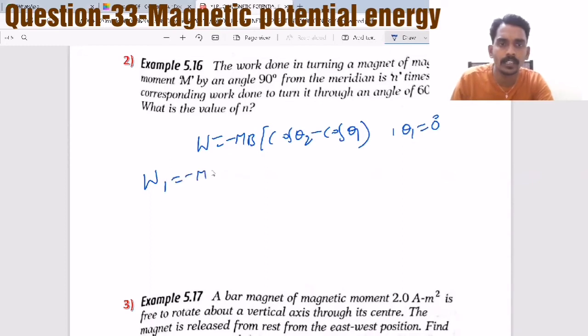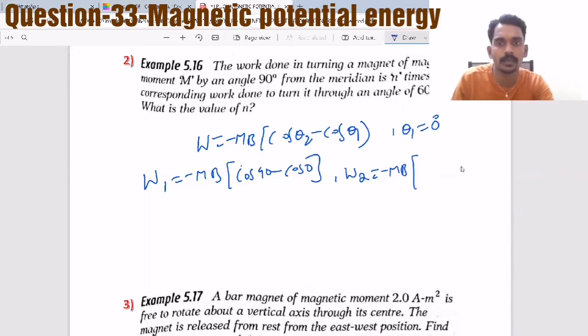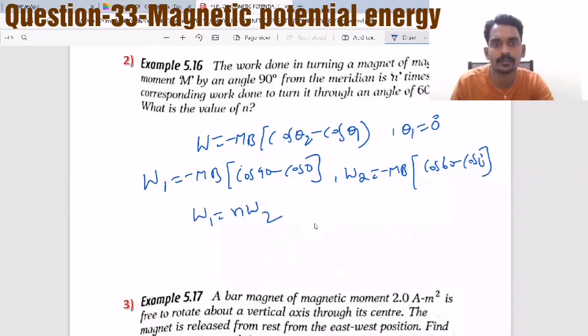In the first case theta 2 is 90, so cos 90 minus cos 0. In the second case, W2 is minus MB into cos 60 minus cos 0. And they said that the first work is n times the second work.